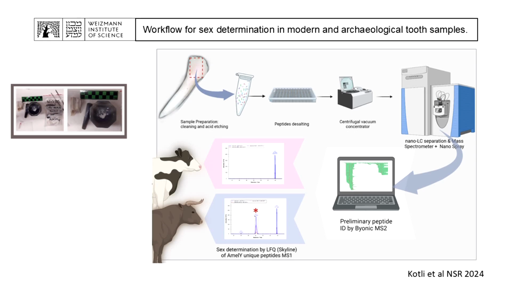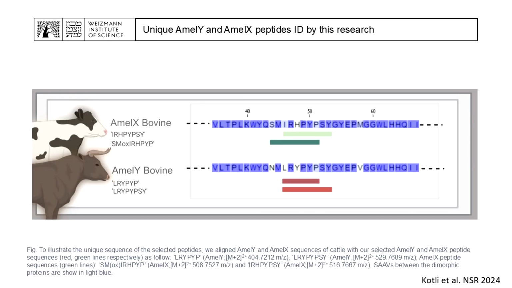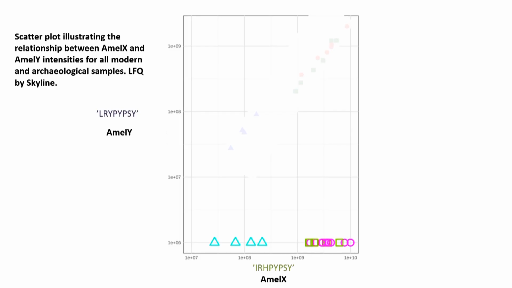I found unique peptides that are only present in the males. So what I found was 2 unique peptides for amel X and 2 unique peptides for amel Y. On the left we have the sequence. And how did I present this result? On the y-axis, you have the intensity of one of the amel Y unique peptides. On the x-axis, I have the intensity of one of the amel X peptides.